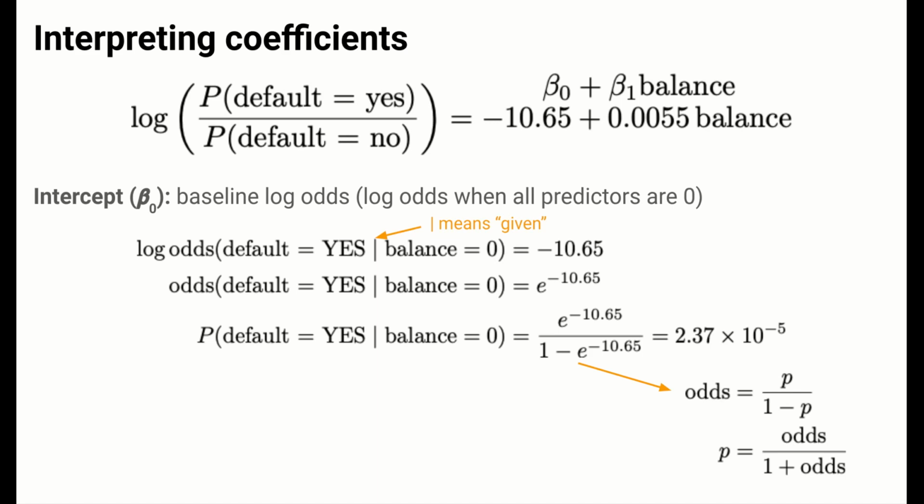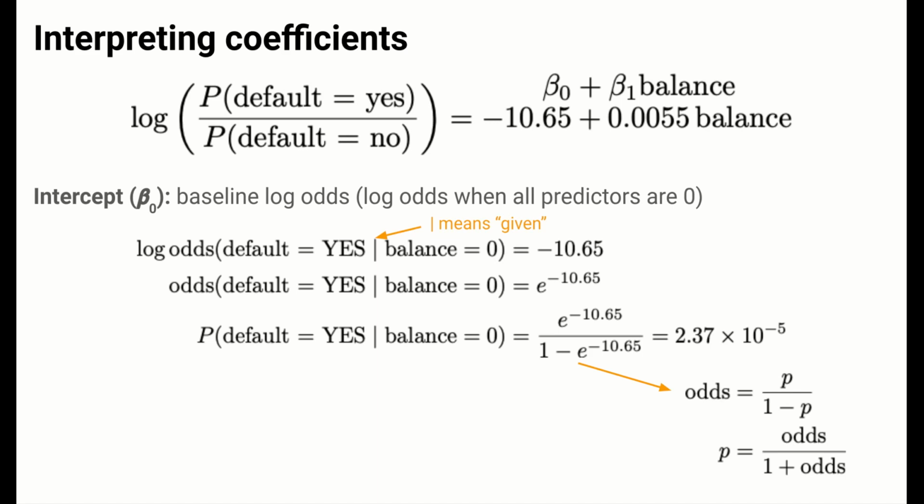This means that the odds of defaulting is e to the negative 10.65. Because odds and probabilities are related by simple formulas, we can convert this odds to a probability. The probability of an individual defaulting on their loan, given a credit card balance of $0, is quite small, 2.37 times 10 to the negative fifth.